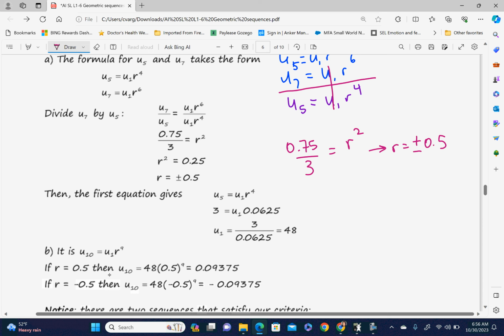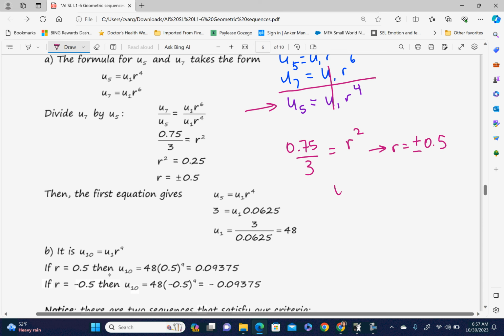So here what they did is they took the formula that we had over here, this one, and they plugged in what they got for r, right? So we have U5, which is 3, is equal to U1, which we don't know yet, and then r, we know this now, and we're going to raise it to the 4th power. And then you solve and you get that U1 is equal to 48.